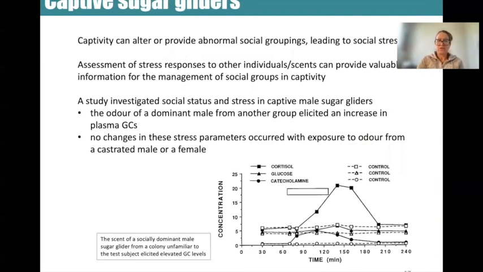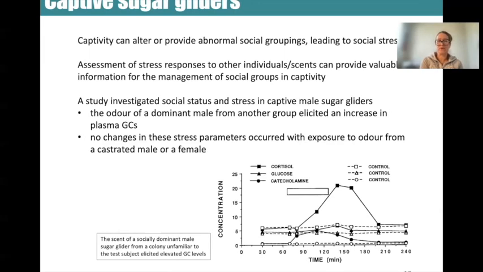In sugar gliders, so these guys are social animals, and captivity can alter or provide abnormal social groupings, which may lead to social stress. There was an assessment of stress responses in sugar gliders to other individuals or their scents, which can provide valuable information for the management of social groups in captivity.